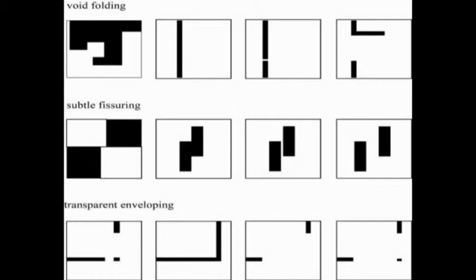And transparent enveloping is a method to divide a whole space separately and lightly, while they still have a strong connection between them.